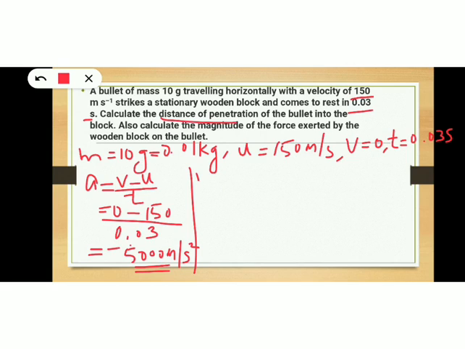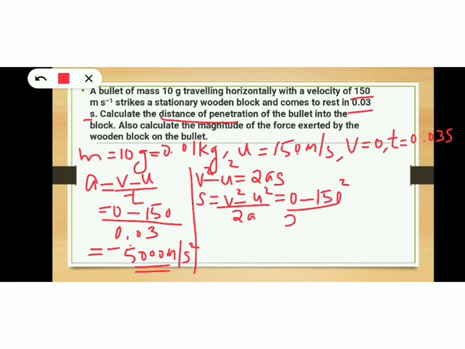You must find out the distance of penetration. So you can use the third equation of motion. That is more easy. V square minus u square equal to 2as. So therefore s is equal to v square minus u square by 2a, equal to, what is v square? It is 0 minus u, which is 150. So u square will be 150 square divided by 2 into acceleration, which is minus 5000.